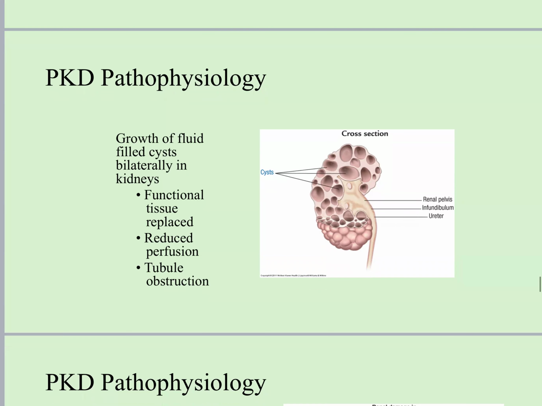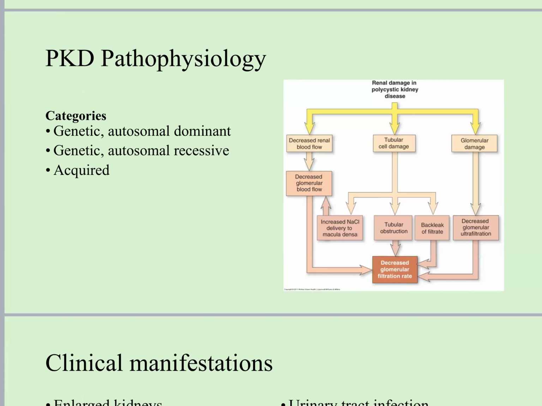Here is my PKD patho continued. You can have a genetic autosomal dominant or a genetic autosomal recessive PKD. It is not acquired. With the dominant PKD, the kid gets one defective gene from one parent. And this is the most common.